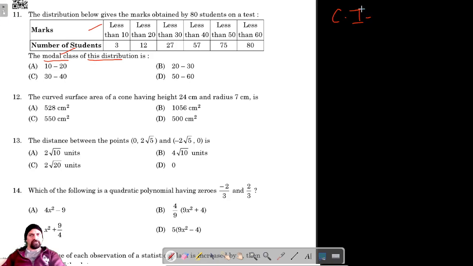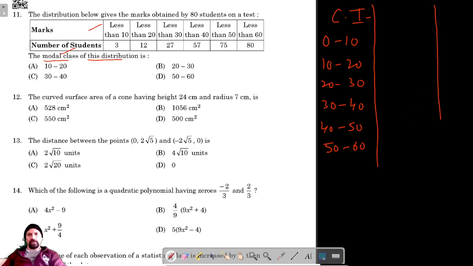The first class interval is less than 10, which is 0 to 10. The next one would be 10 to 20, then 20 to 30, 30 to 40, 40 to 50, and then 50 to 60. Now let's find the frequency.